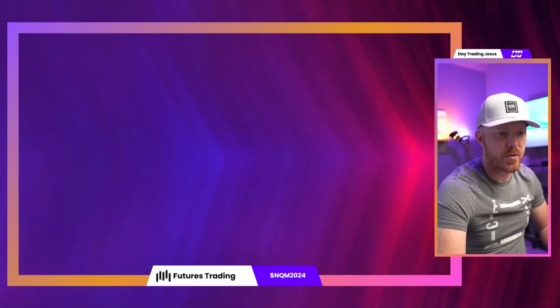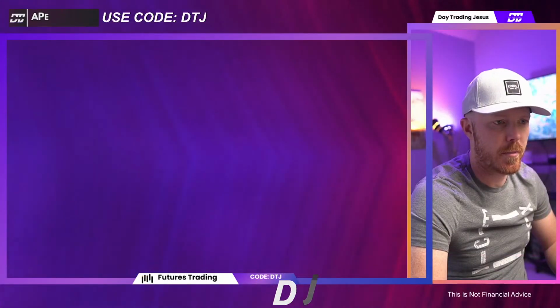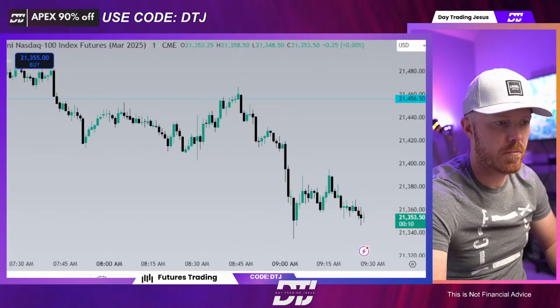Gonna make sure my screen share is working here. Okay, good. Make sure my micro screen is up and running. Not yet. Usually an issue with my micro screen. There we go.